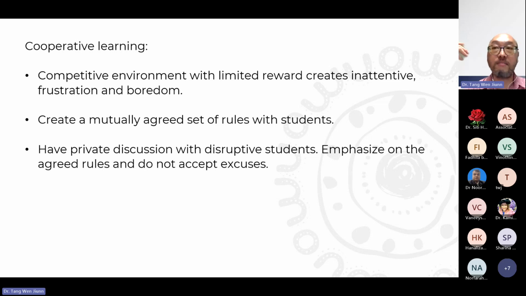At that time we can calm them down, but after that we continue with what we are doing, because in classroom management, the important thing is to make sure the majority of the students learn something. So if we have disruptions, we should stop them immediately and then find out the cause outside of classroom time.